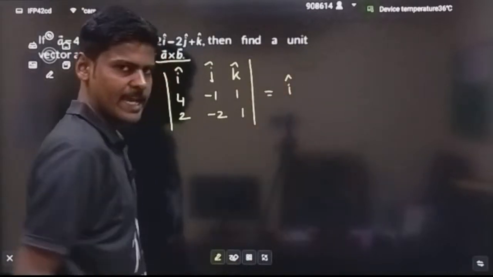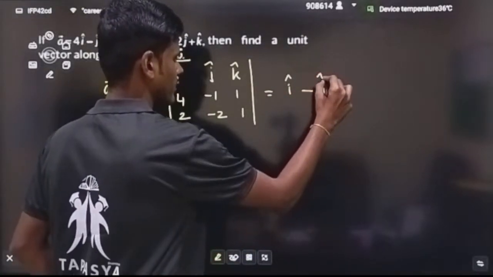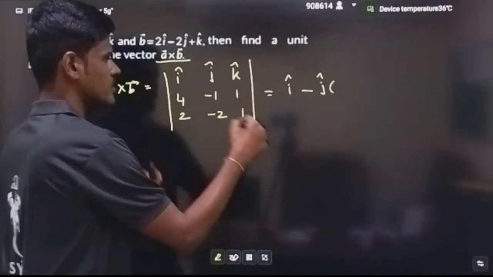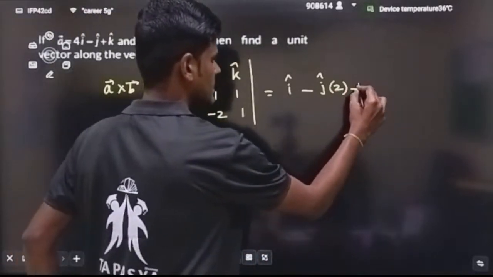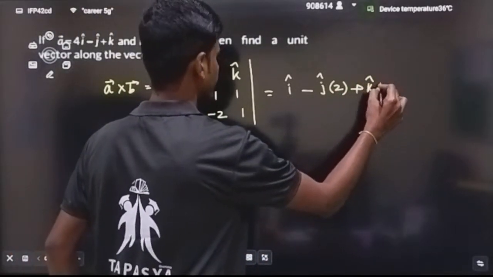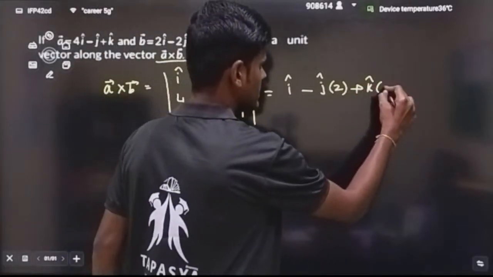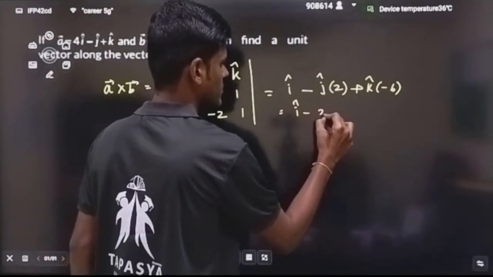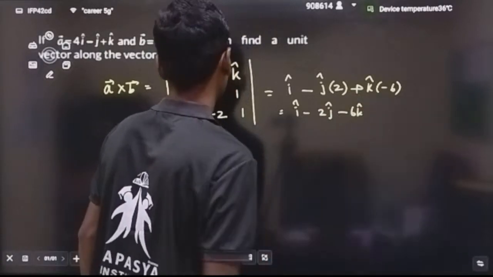So plus 1 I cap, then minus of j cap into, we will get 4 into 1, 4 minus 2, that is 2 j cap. Next one is plus k cap into, here we will get minus 8 plus 2, that is minus 6. So answer is I cap minus 2 j cap minus 6 k cap.